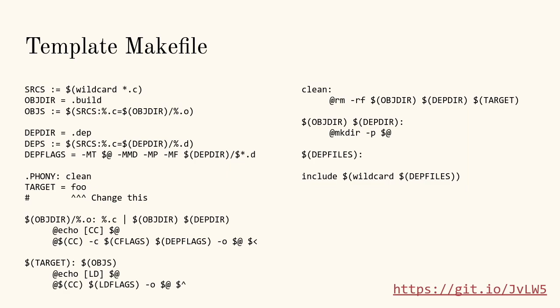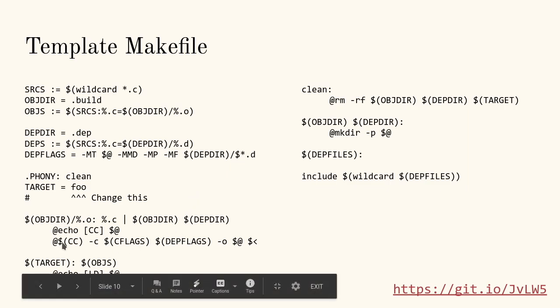So if you were to create a C hello world, put it in its own file, and then drop this Makefile in that folder with it, it would build you a runnable binary. This contains all of the necessary lines for automatic dependency tracking.